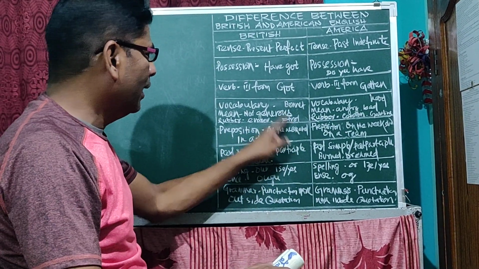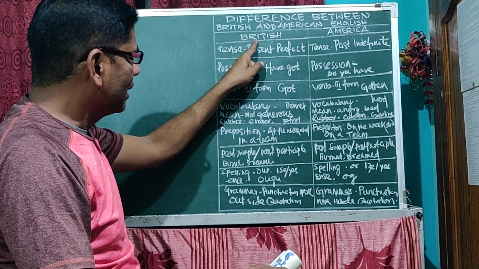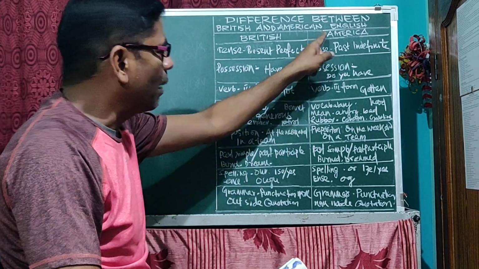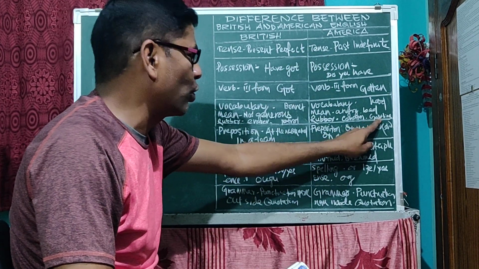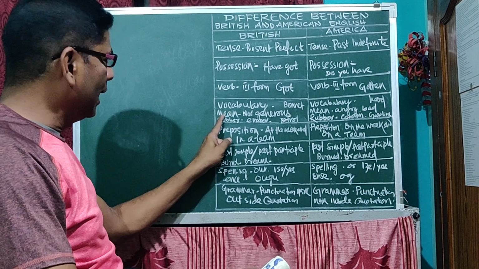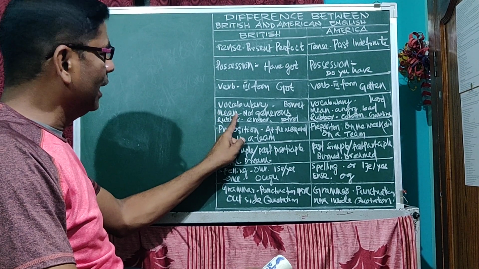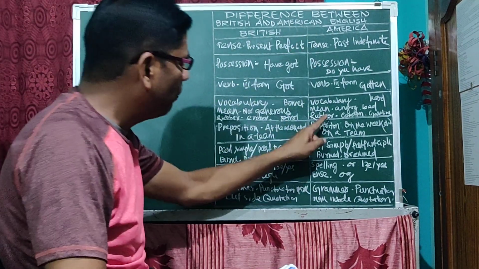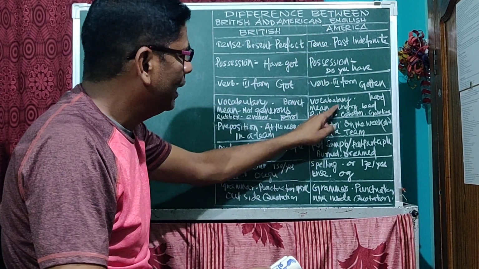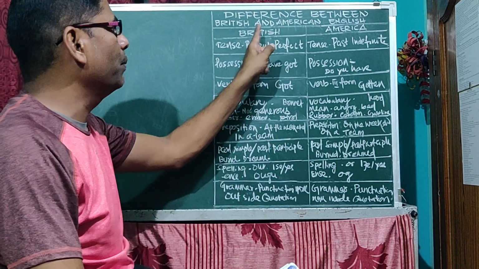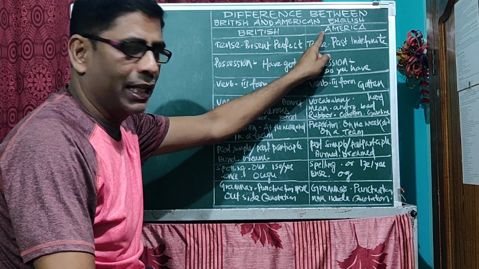Britishers use the word petrol, whereas in America it is used as gasoline. And the word mean, M-E-A-N, means not generous in British English, but the meaning of mean in America is angry or bad. This is the vocabulary difference between British English and American English.